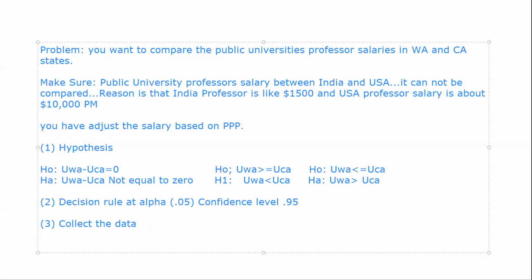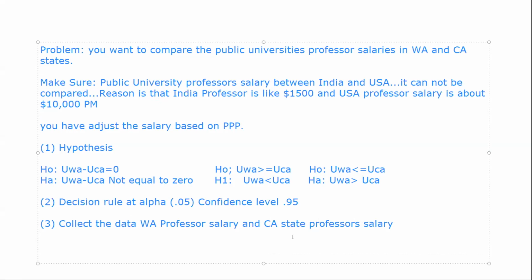You can look up Washington State professors' salaries in a particular area, let's say sociology, psychology or business management. And similarly, you can get California State professors' salaries, using government or open data.